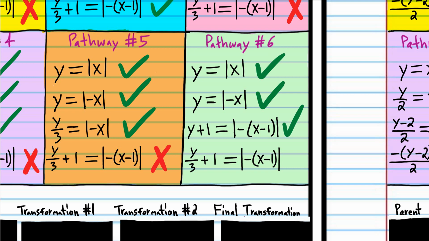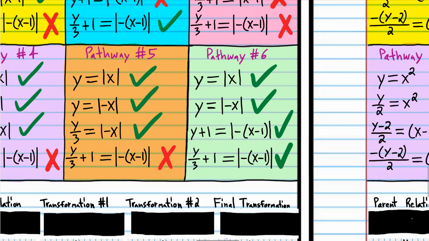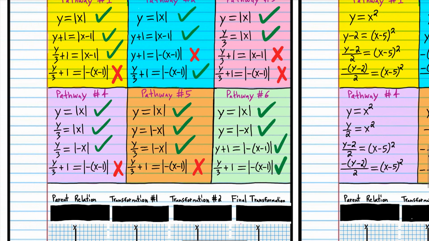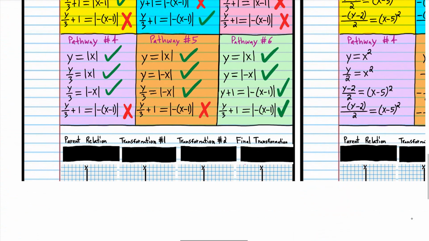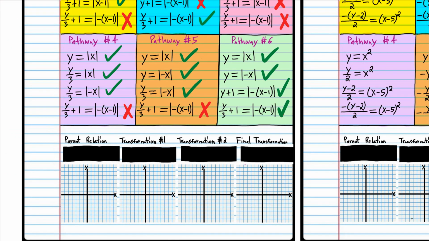And then we're writing the exact same equation, except we're dividing y by 3. That tells us to multiply all the y values by 3. So that pathway works. So it looks like we're going to use pathway number 6. If you said to use pathway number 6, then you're correct. So let's unveil the pathway.